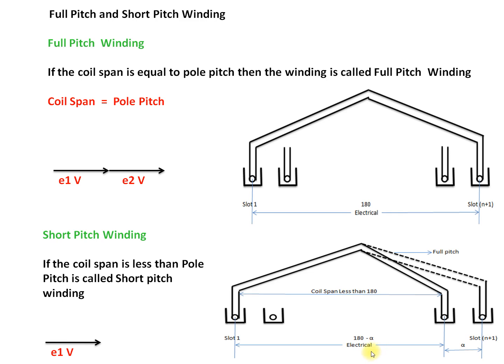This alpha is the short pitch or chorded angle. Here E1 and E2 will be in phase, but this alpha is present in the short pitch winding. This particular angle gives the pitch factor.